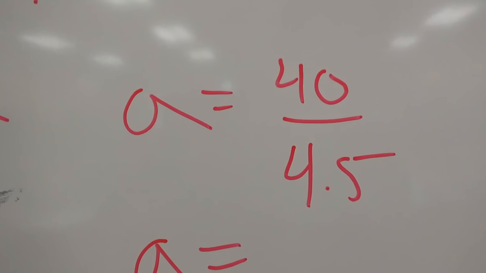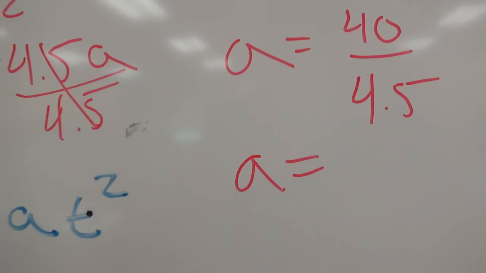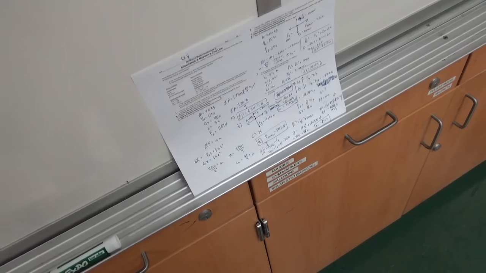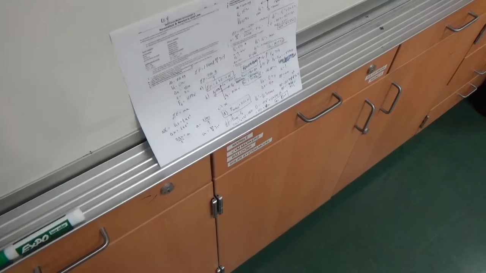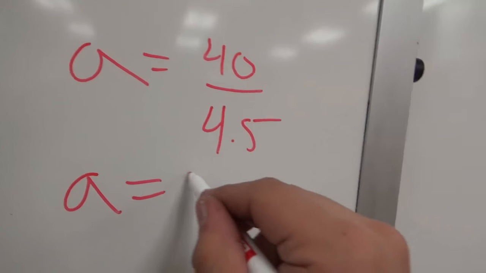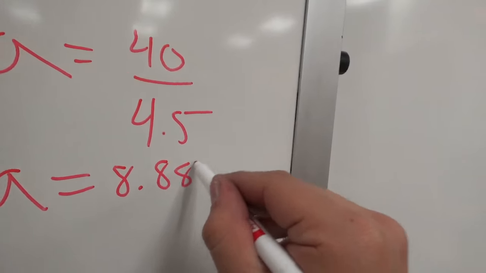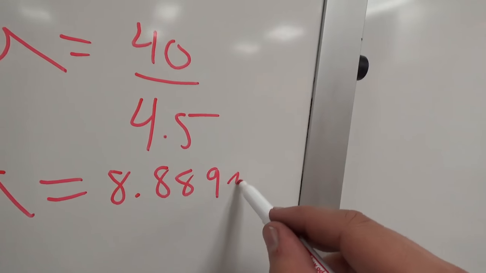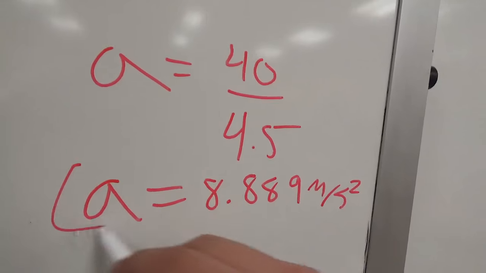I didn't put an actual number. Well, let me get you an actual number. I kept it as a fraction on mine. I get 8.88888, and then I'm going to cut it off right there. Okay. Cool.